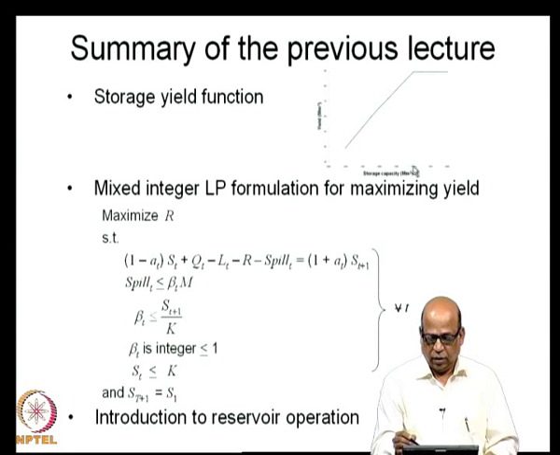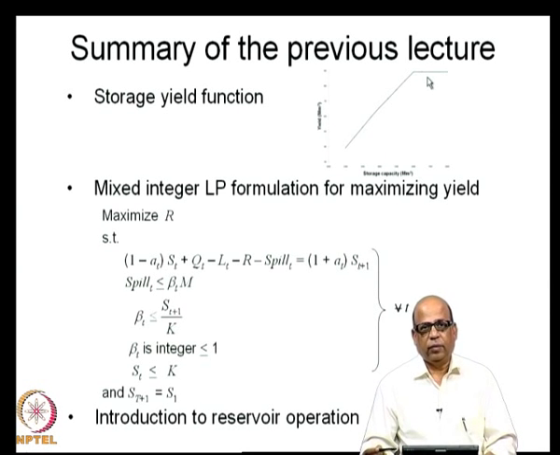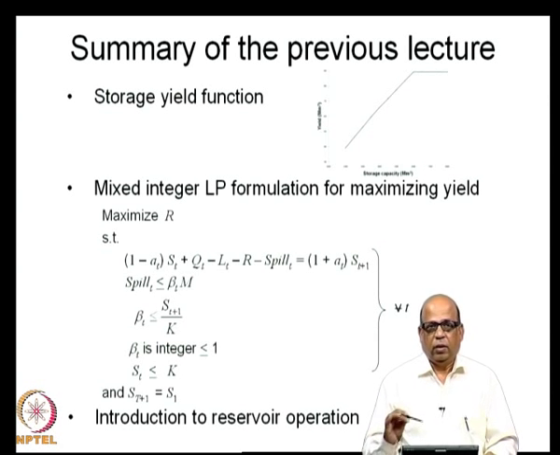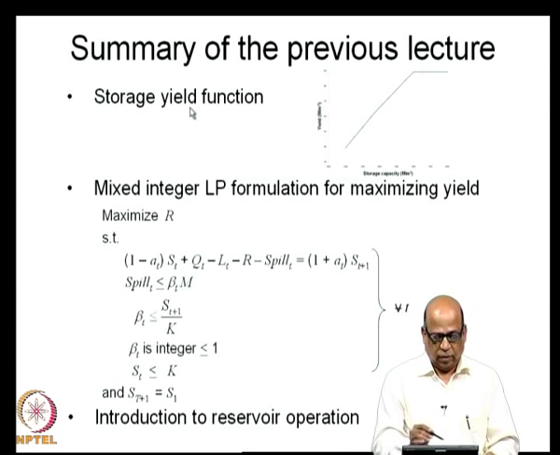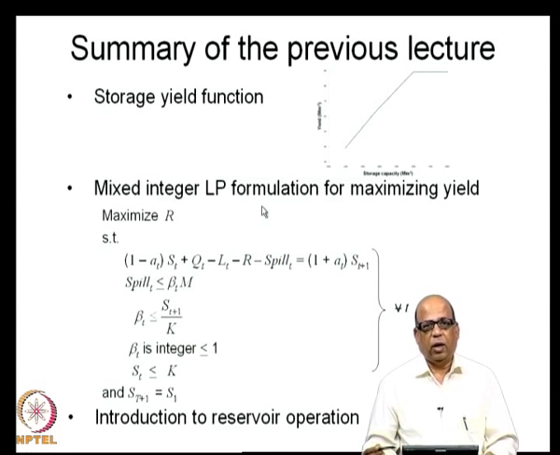So, no matter how high the storage you provide beyond this particular point, the yield will remain the same, and as I mentioned in the last class, this is because of the inflow limitation. And then we went on to solve the same example using a mixed integer LP formulation. This is where we stopped last time.